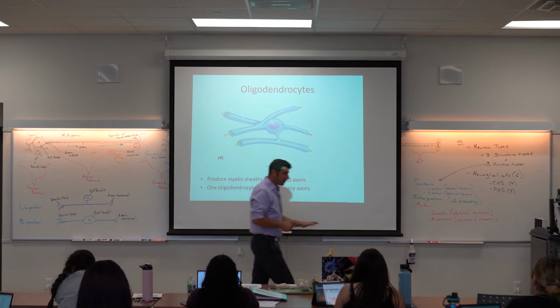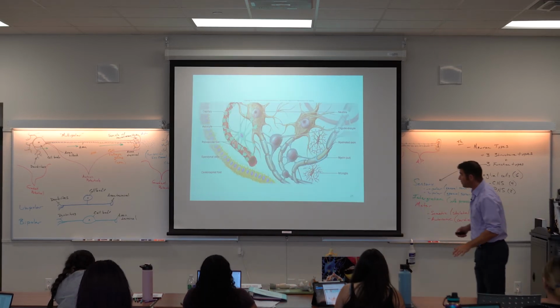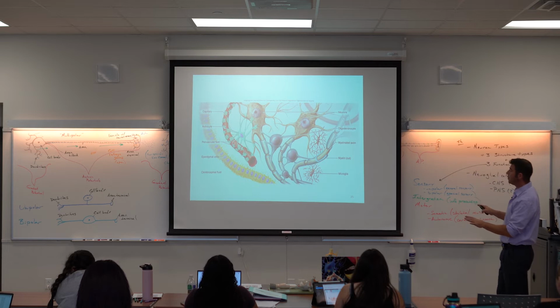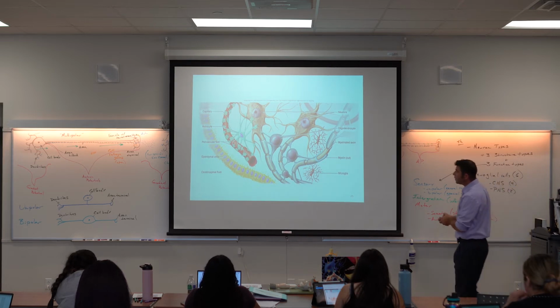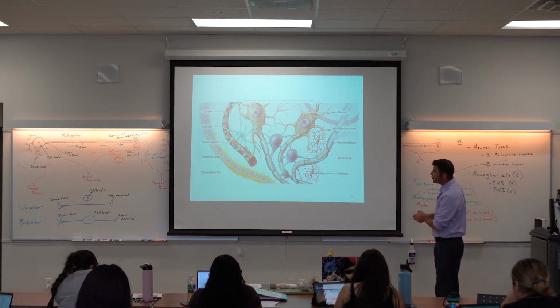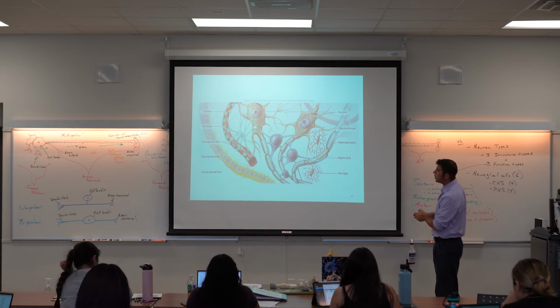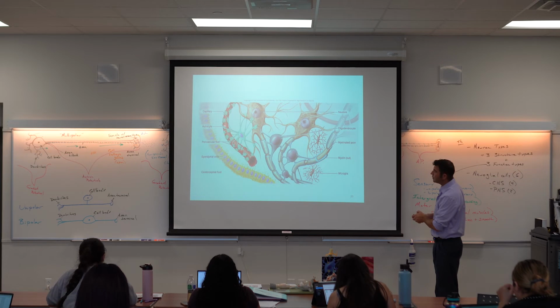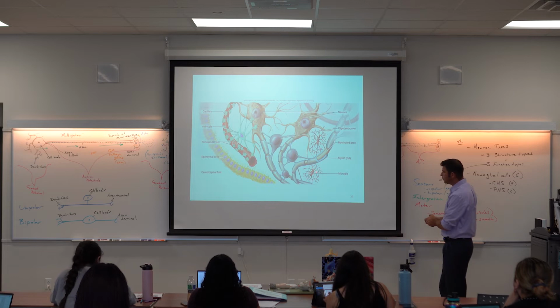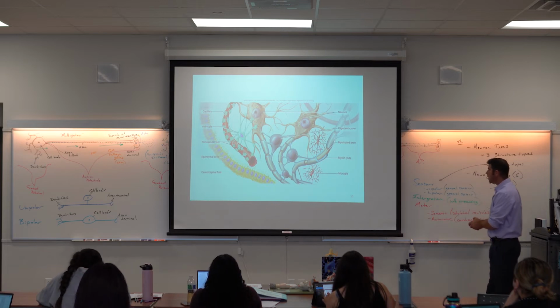So that's the last of these cells in the central nervous system. I think I have a picture here that shows us a cross-section through the central nervous system. We've got these large cells here, the astrocytes. We can see them supporting neurons and forming that blood-brain barrier around the capillaries in the brain. Then we've got these microglial cells, which are kind of serving as part of the immune system, doing the axon terminal pruning.